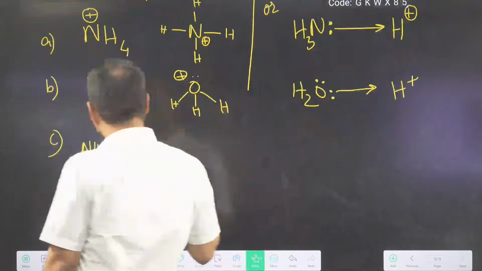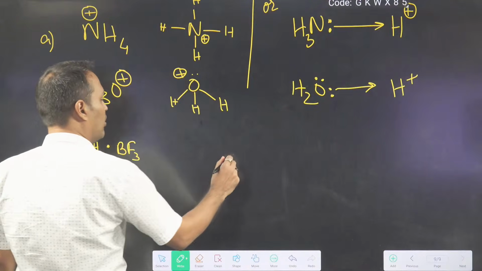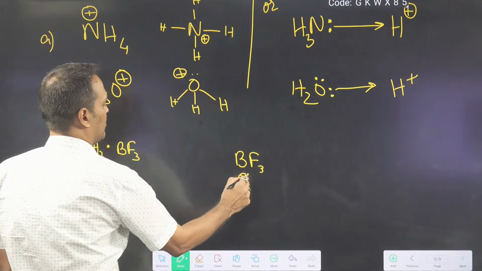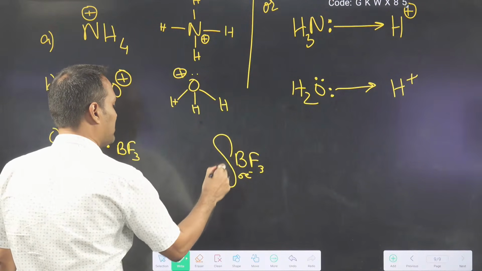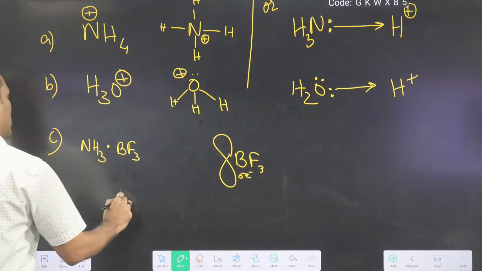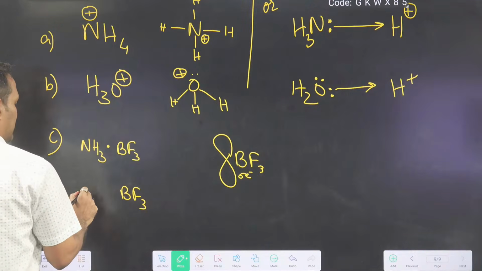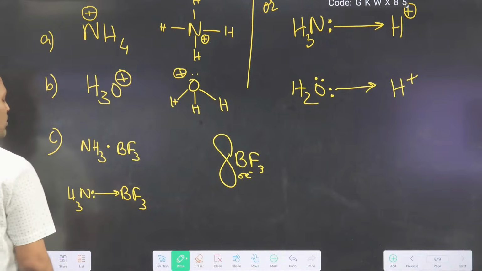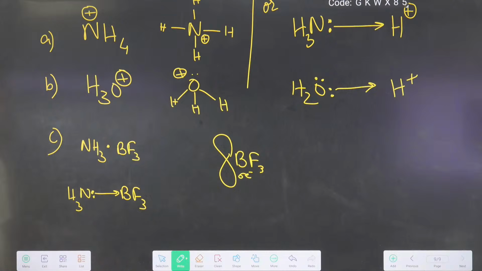So this means that there is a bond only. We know that BF3 has 3 bonds only, 6 electrons, but it has a vacant p orbital. So what happens? BF3 is there, NH3 is there, NH3 shares a pair of electrons with BF3.